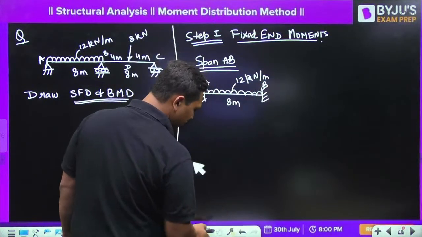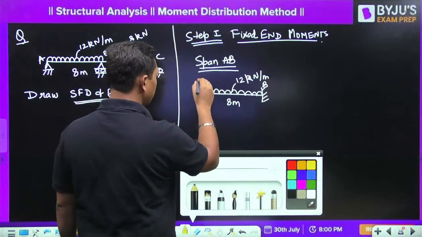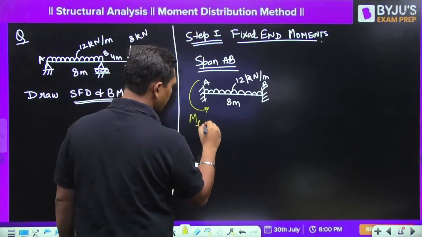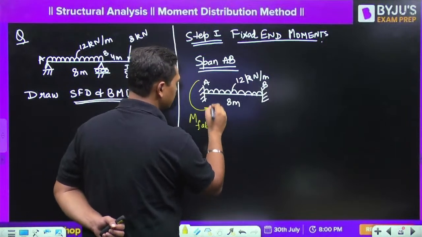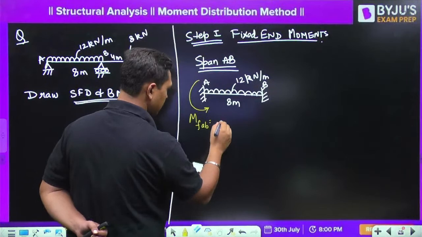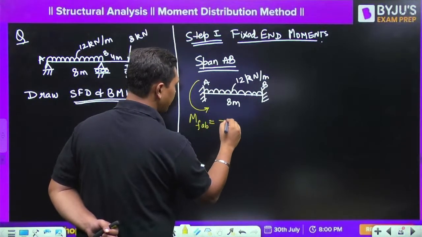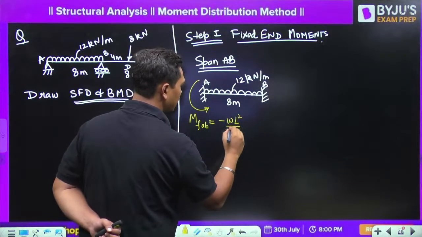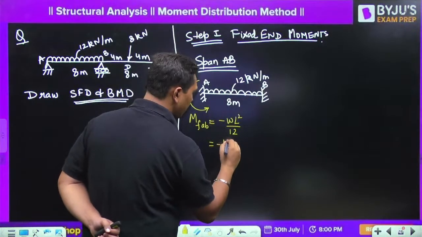So in this case, the fixed end moment will be equal to WL square by 12. Anti-clockwise, so minus. So this is going to be equal to minus WL square by 12, which is equal to minus, W is how much? 12.